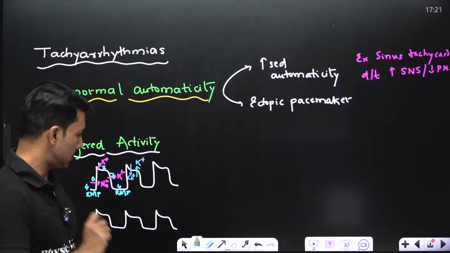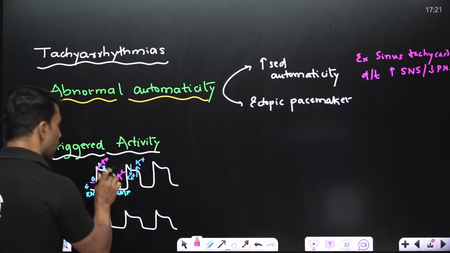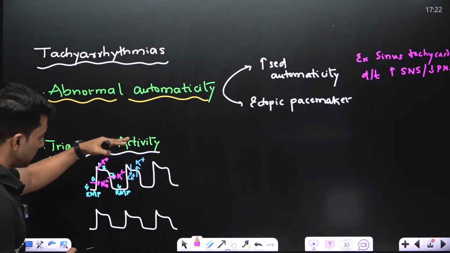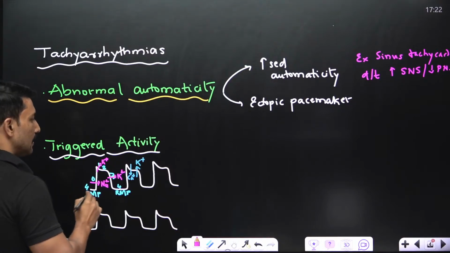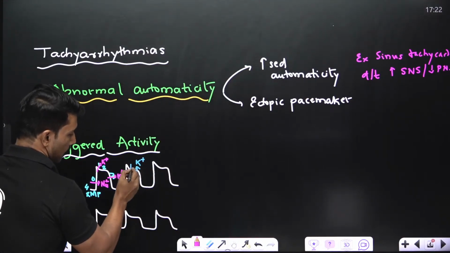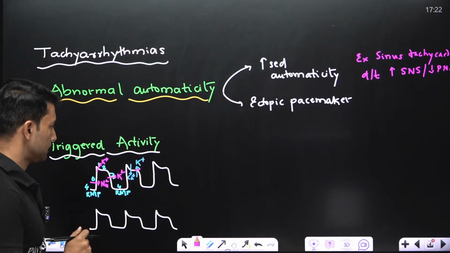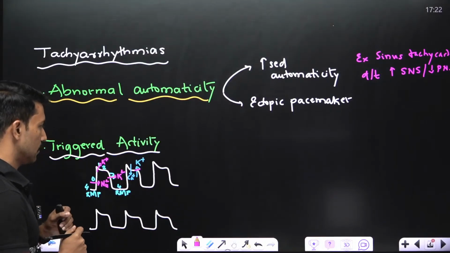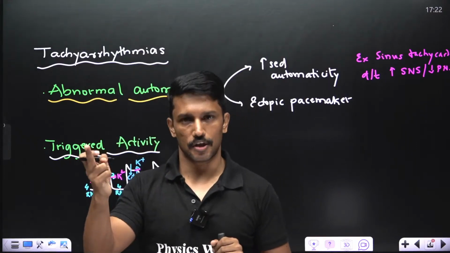So during this period, if I interfere with one of these, there's a balance between the amount of calcium entering the cells and potassium leaving out. Let us say that I block the potassium leaving out from the cells. So more and more calcium is entering. Potassium leaving the cell causes repolarization, right?